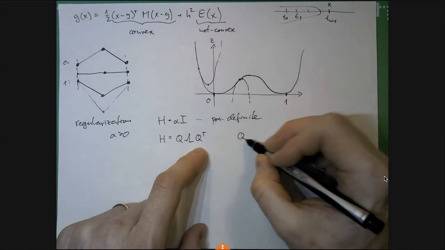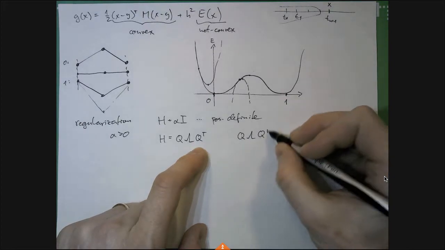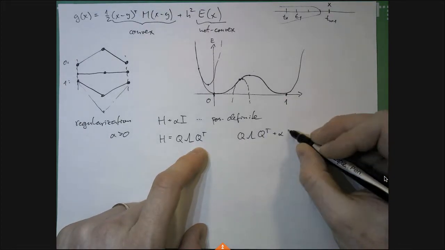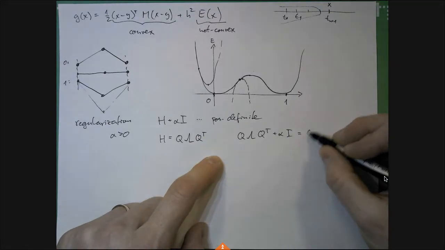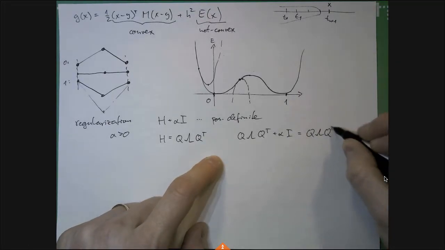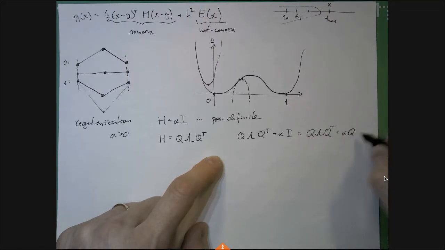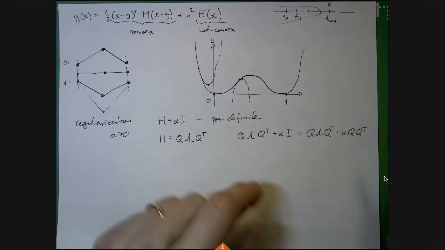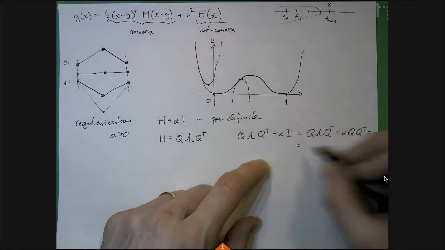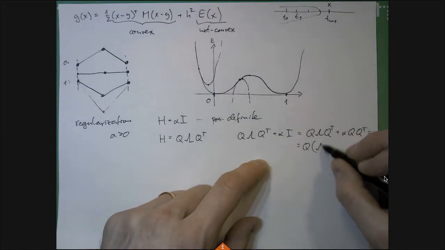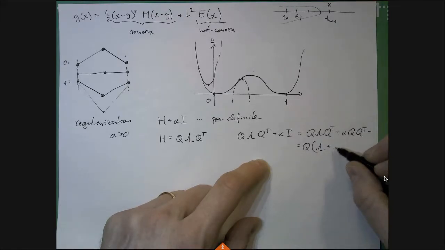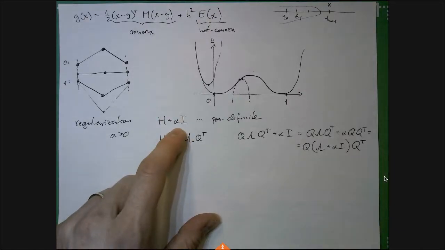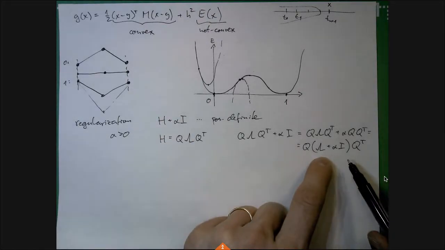And so what happens now? You might already see what happens if I add a scalar multiple of identity. Then I can do this cute trick that the identity can certainly be written as Q transpose Q, because the matrix Q is orthonormal. And from this you see that what I'm actually doing here is adding alpha times identity to the eigenvalues directly.